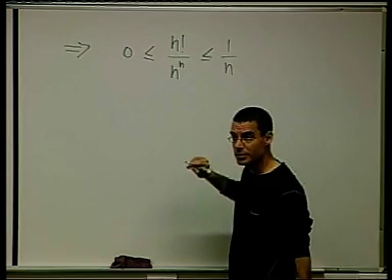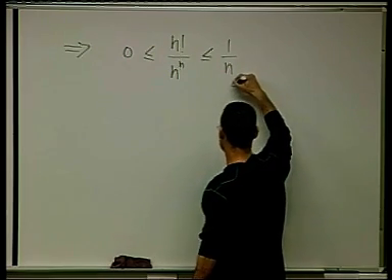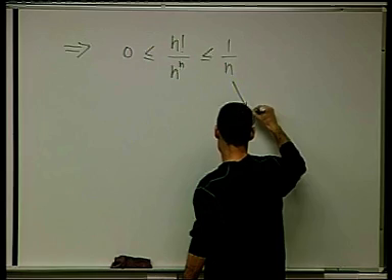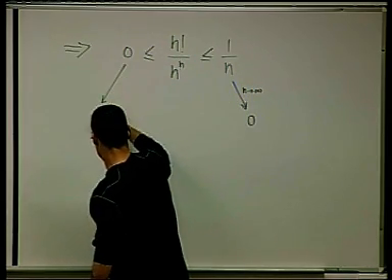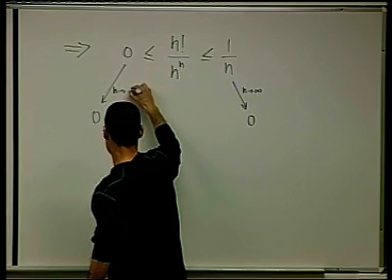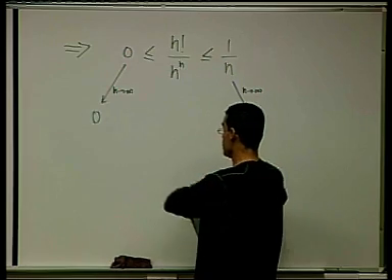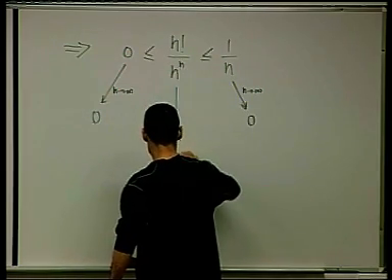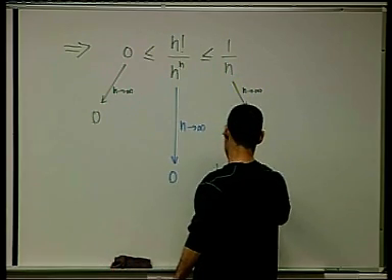And now what? Final touch? Sandwich. Yay. This goes to 0 as n goes to infinity. This goes to 0. It's the constant sequence 0. Therefore, this thing in the middle goes to 0 as n goes to infinity by sandwich.